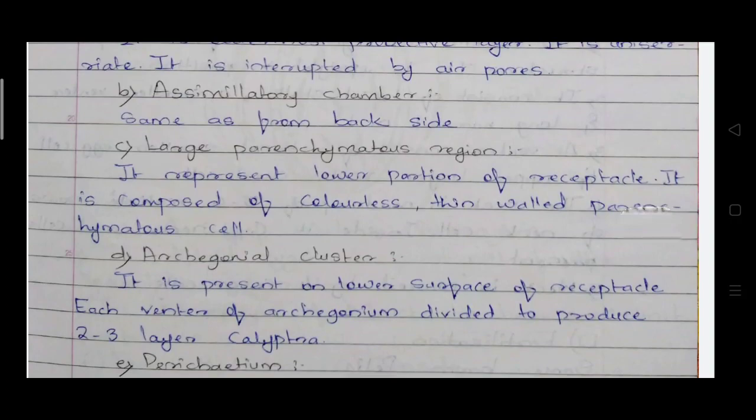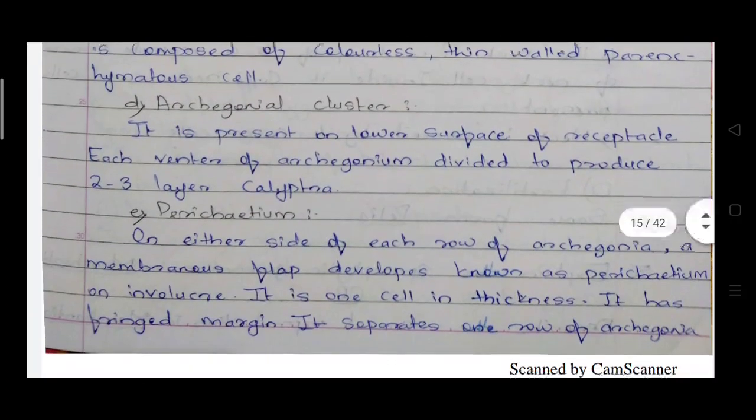Each venter of the archegonium divides and produces 2 to 3 layers of calyptra. So in the receptacle, the outer 2 to 3 layers of calyptra are produced.